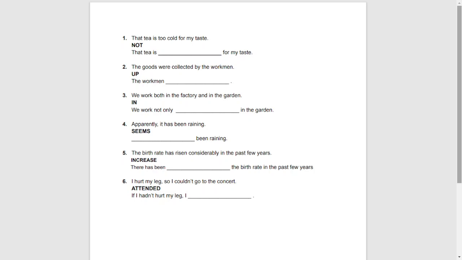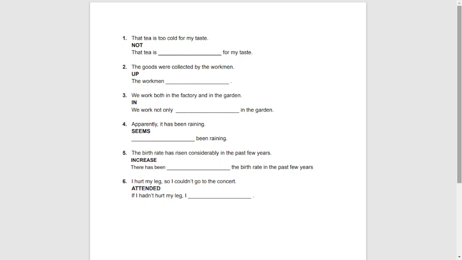The agent has been turned into the new subject. So the goods used to act as a subject, it will now act as an object, and we must use the main verb without the verb to be. So the workman collected the goods.